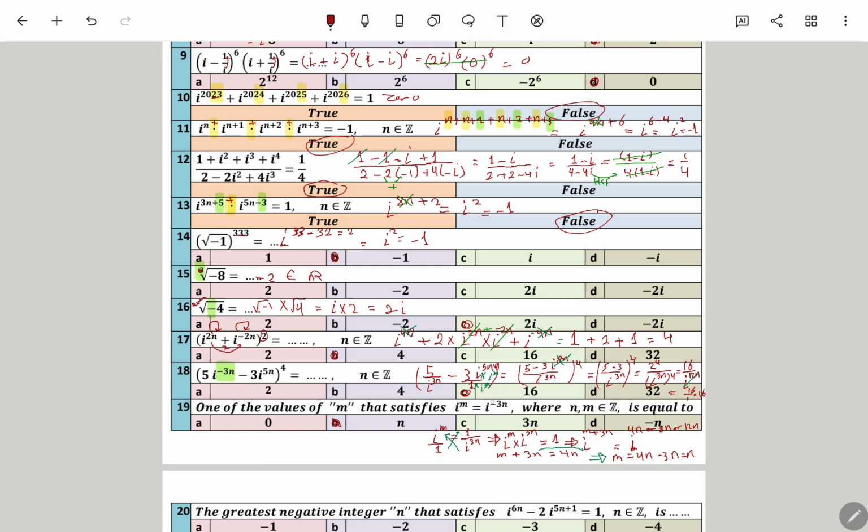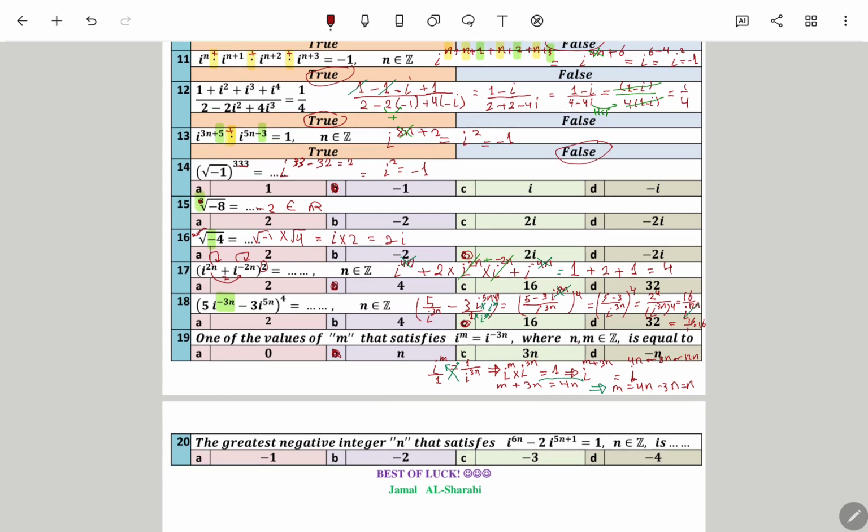And you can't get 1 over i to the power of 3n, which is 1 with the 0, because it's going to be in the denominator. So the best answer is going to be n. And if you take 3n and replace it, one of them is going to be up and one of them down, which can't be equal. If you take negative n, it will have different powers. So the best answer is going to be n.